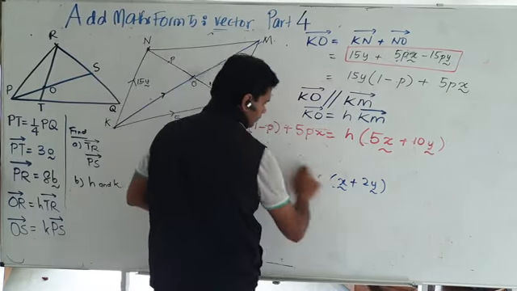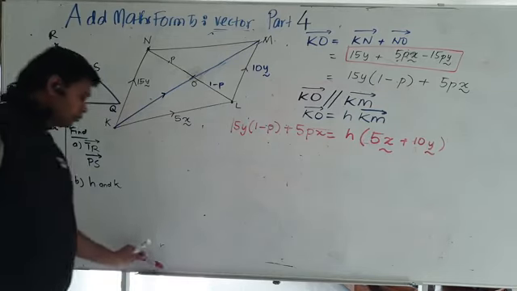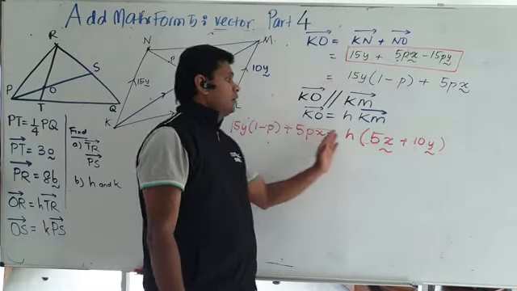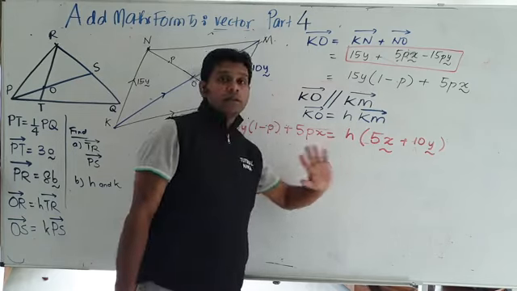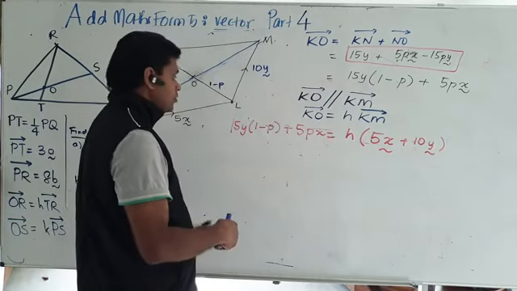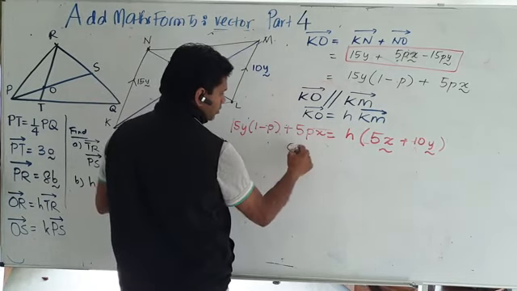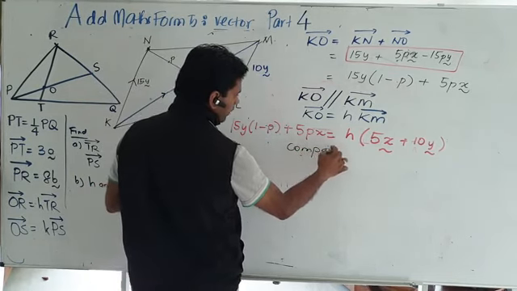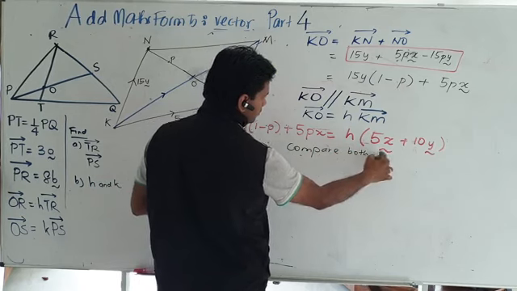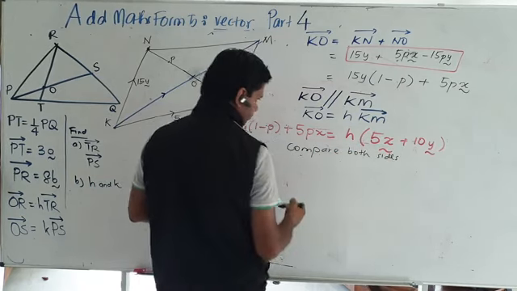And this is KM. So what's the next move? In vectors, there is no need to shift anything over to the left or right. All you have to do is compare the value for x. Compare both sides.